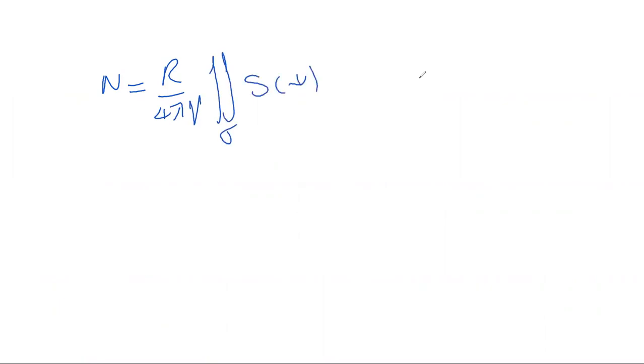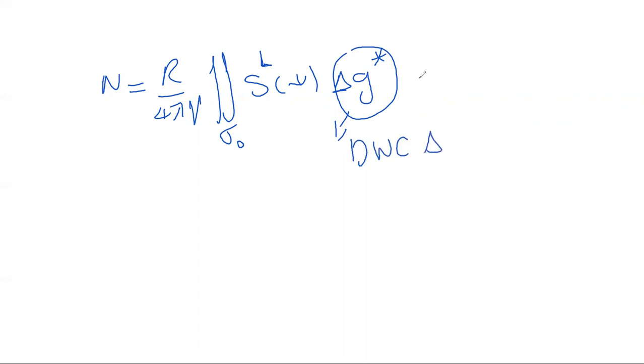This is a Stokes formula. Assume that it's the modified one, and over the cap size. And we have delta G, but I will write a star. Delta G star is the downward continued gravity anomaly.